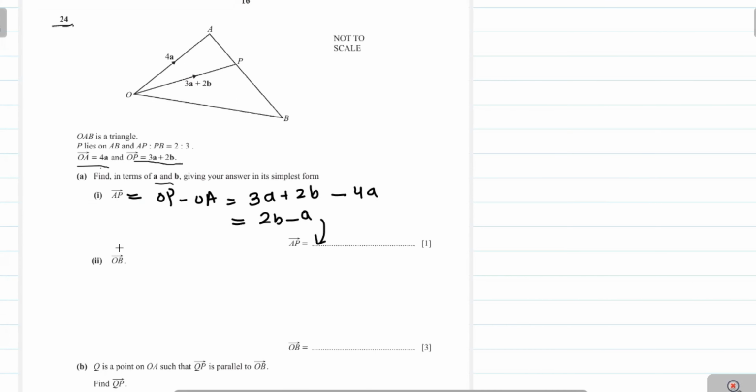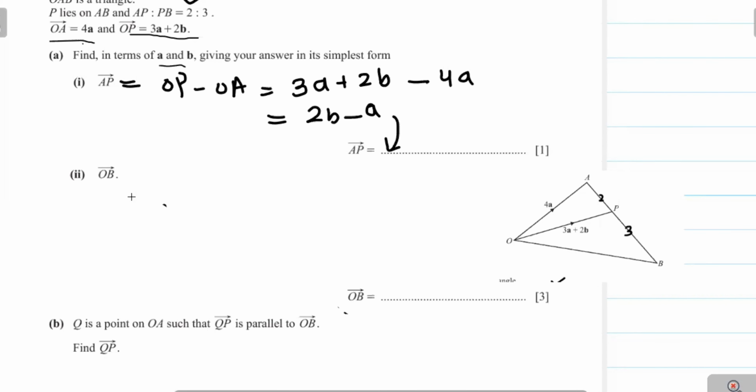Next is OB. Question 24, part second of part A. We have to find OB. You see here AP to PB equals 2 to 3. Now we can write AP to AB, and this AB length becomes 5, so 2 to 5.